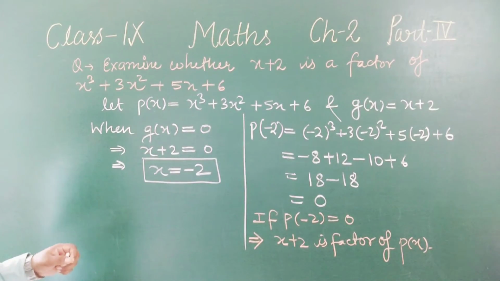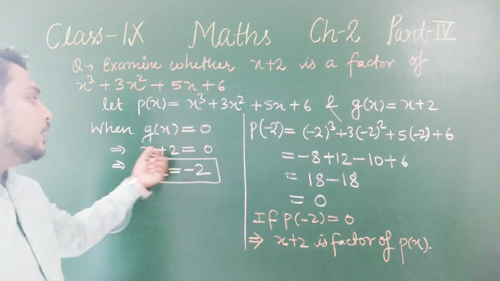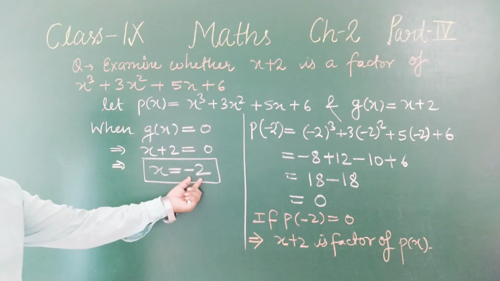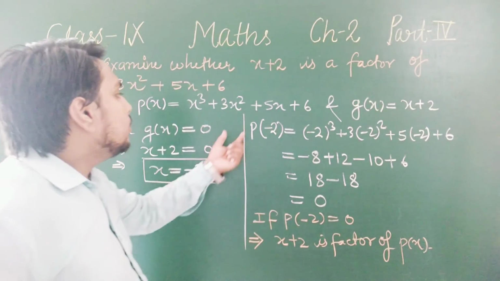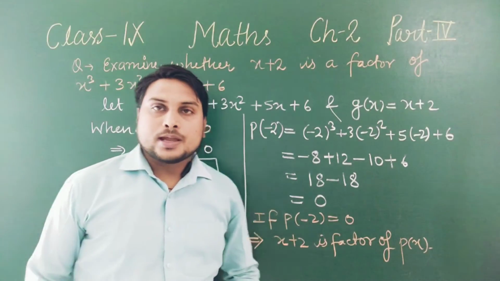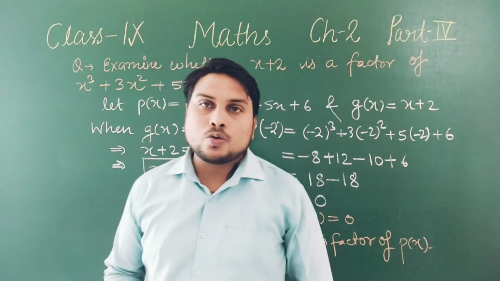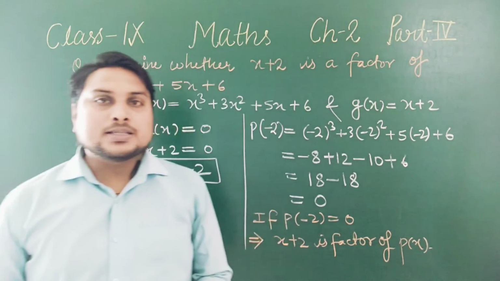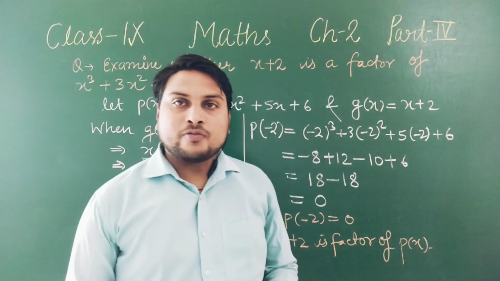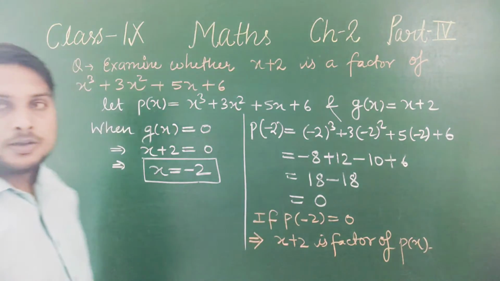How can we say that it is a factor? Because at the value x equal to minus 2, p(x) becomes 0, and if the remainder is coming 0, it means the divisor will be a factor of the dividend. Okay, so now you can note it down.